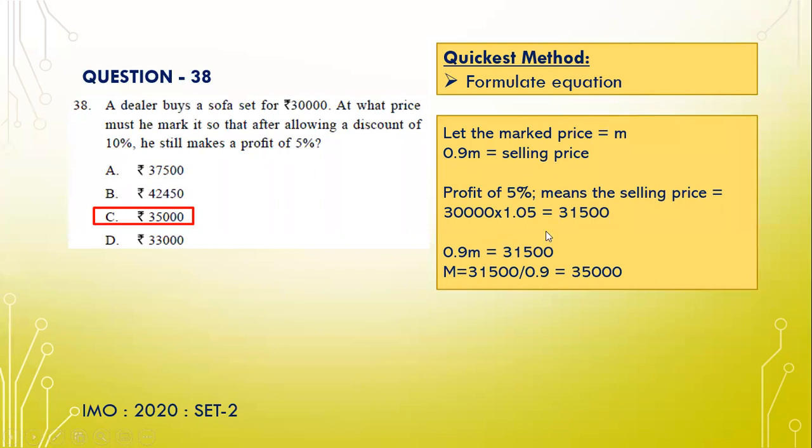So 0.9 M should be equal to 31,500, and M will be 31,500 divided by 0.9, which is 35,000. So the mark price will be 35,000.